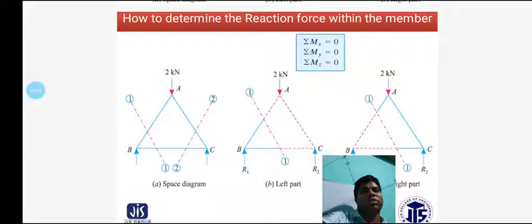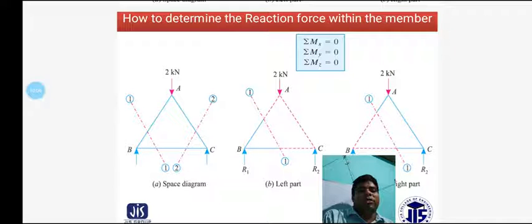So in this type of problem, first of all we have to find out the space diagram. If you draw the space diagram first, then you can easily find out the total axial force, total moment and obviously the total resulting force.